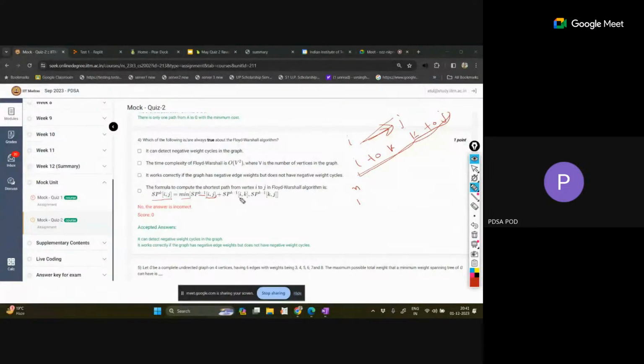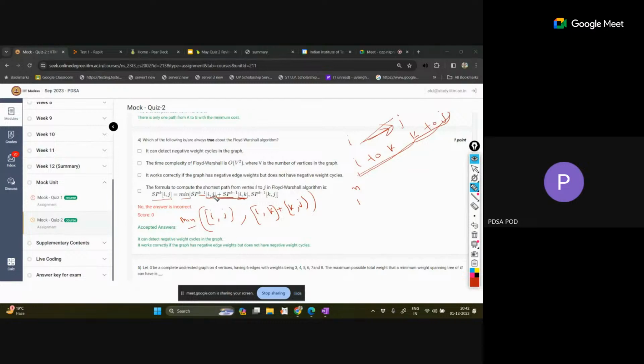So this formula is wrong, because the correct formula should be: what was the previous solution i to j, comma, what was the previous solution from i to k plus k to j, and then we select the minimum one. But here, what is given? We are adding i to j plus i to k.